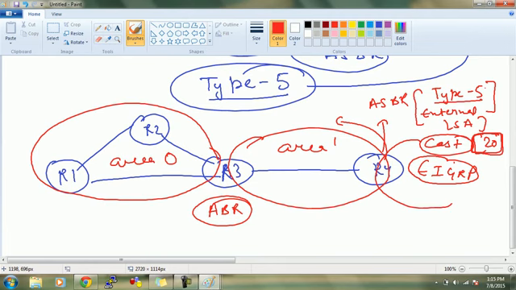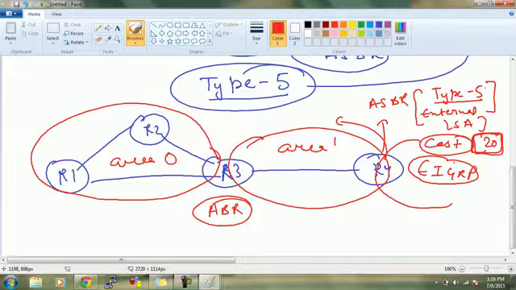Agree? But in area 0, nobody knows who is 4.4.4.4. Why? Because 4.4.4.4 belongs to a different area, and 4.4.4.4 can be an existing IP or a non-existing IP on a router. This thing is clear.